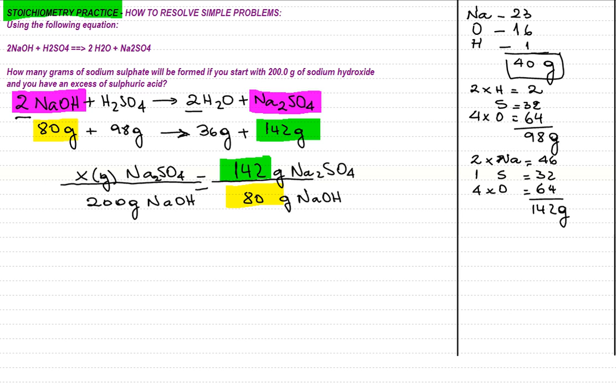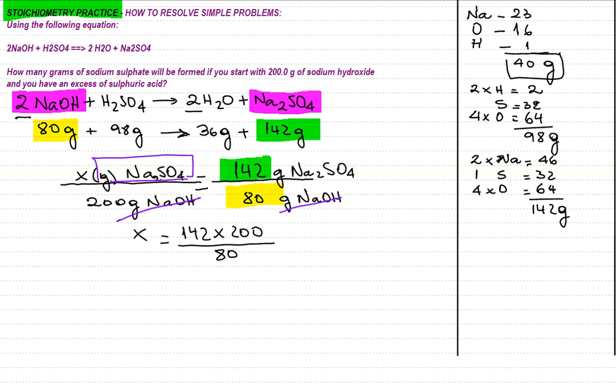Once we have that, we can cancel the grams of sodium hydroxide. Remember that we put these units only for us to know which units we have. So in this case, X will be equal to 142 times 200 divided by 80.